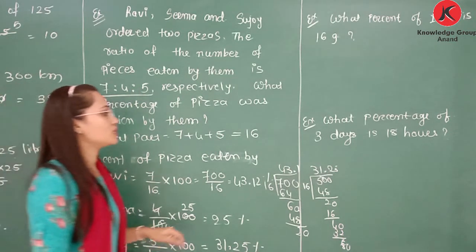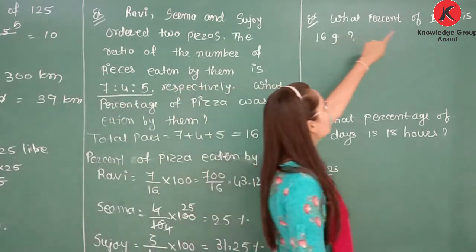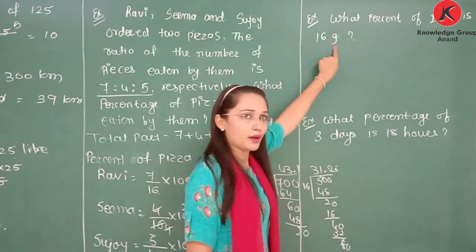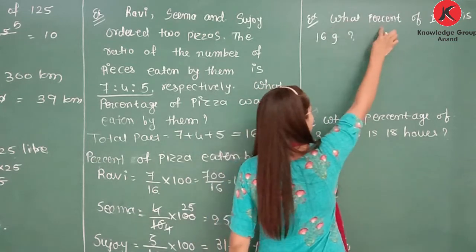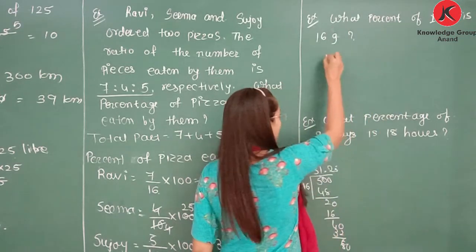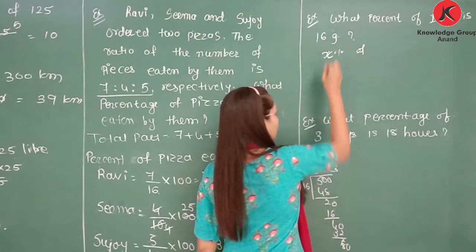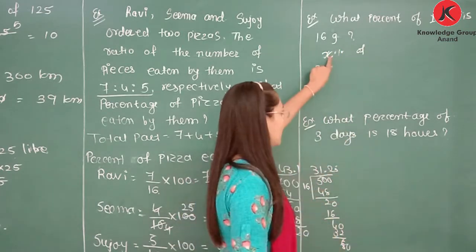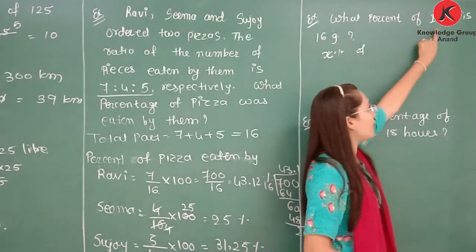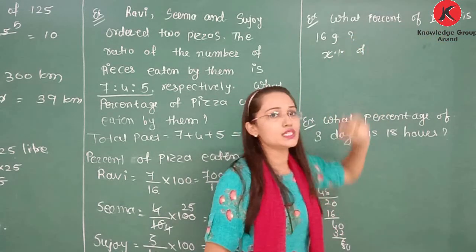Clear? Now next one. What percent of 1 kg is 16 gram? What percent? Percentage is not given. So let's say X% of 1 kg is 16 gram. Percentage is not given, so we can write X% of 1 kg and gram. Units are different.